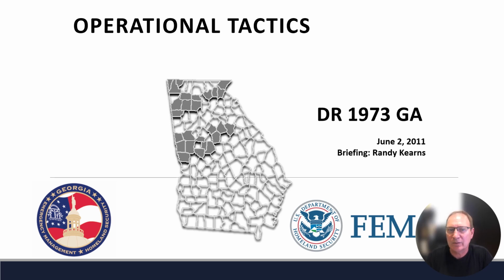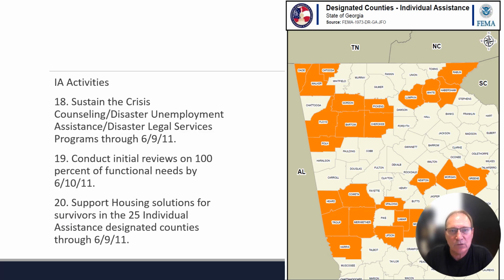So let's talk a little bit. For the next three slides, I want to go over individual assistance, public assistance, and mitigation assistance. And each county can be approved for one, both, or all three. It really depends on the magnitude of the damage in that particular area. The best way to think about the needs for individual assistance is how much has impacted homes where people live, how much have they lost.